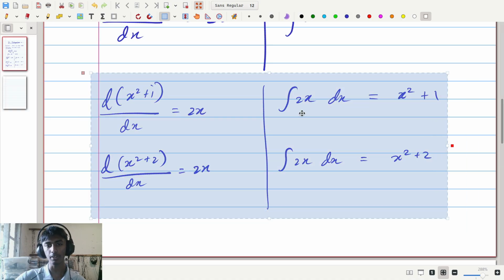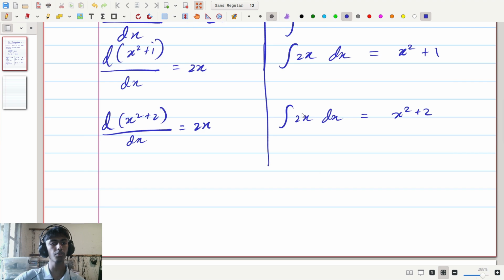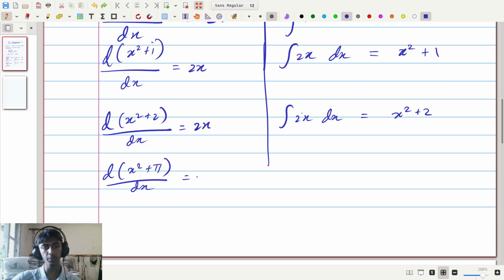For a little bit of a fun case, let's consider the derivative of x squared plus pi. In this case as well, the derivative is the derivative of x squared, which is 2x, plus the derivative of pi, which is 0. So 2x plus 0, which is just 2x. Therefore, the integral of 2x in this case appears to be x squared plus pi.